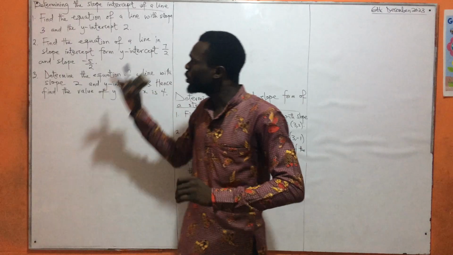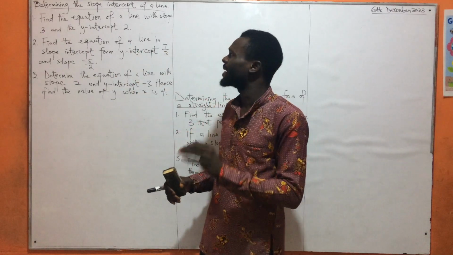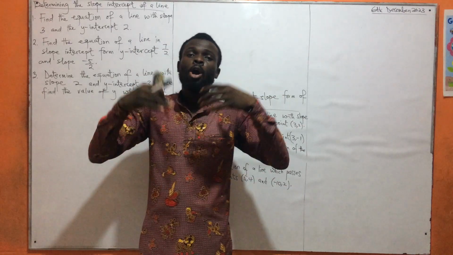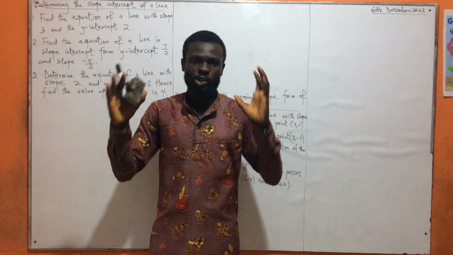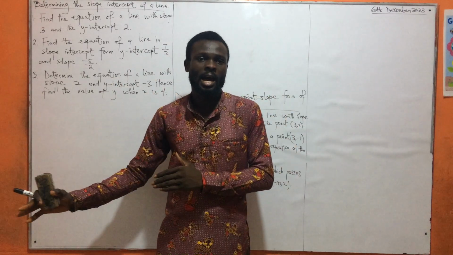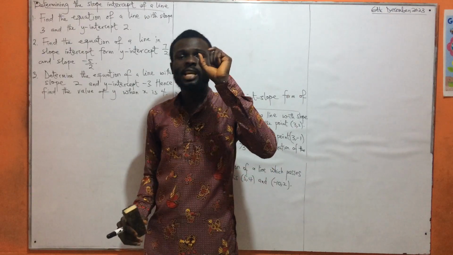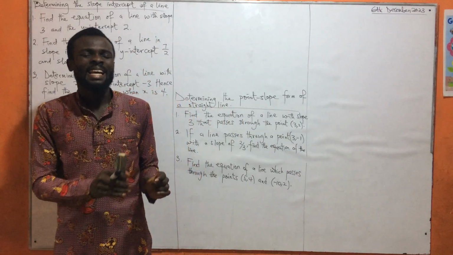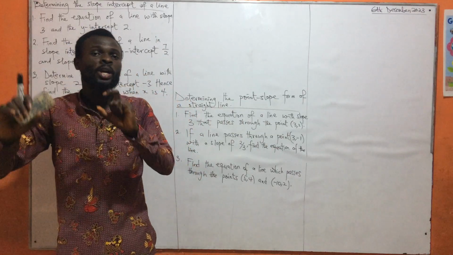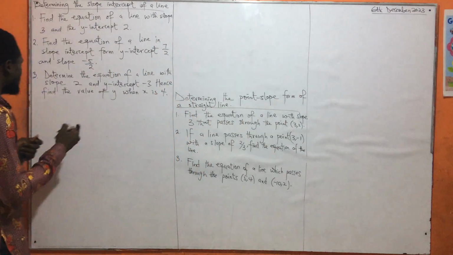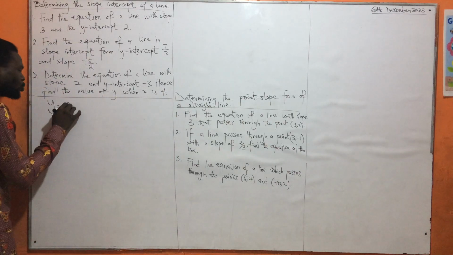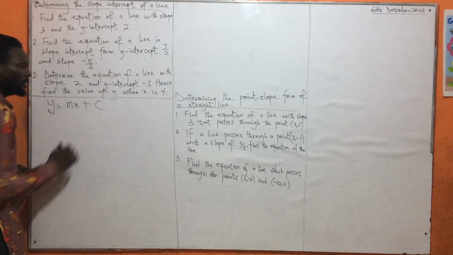Now, before we look at the examples, let's first understand the slope intercept. We already know the general equation of a straight line, which was stated in our previous video. But the slope intercept simply means the equation of a line in the form y is equal to mx plus c.